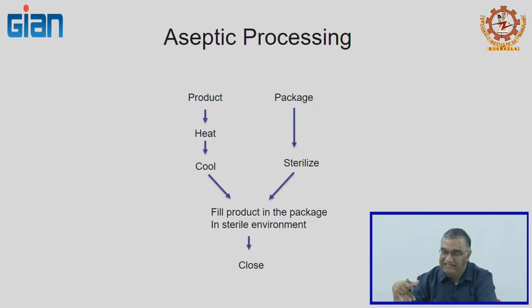Whereas in the case of aseptic processing, it's not a batch process, it is a continuous process. You take the product, so you prepare a soup, then you heat the soup in a heat exchanger. There are a number of heat exchangers, I think probably you may be aware of.